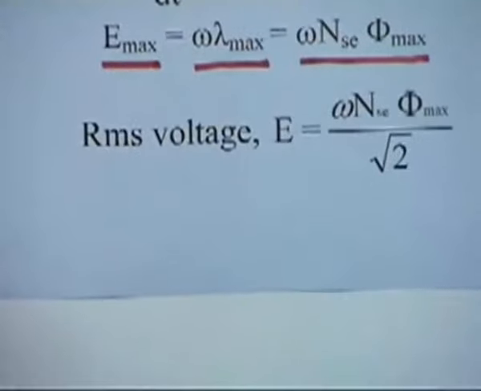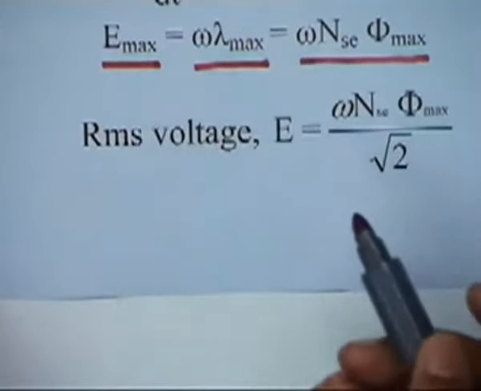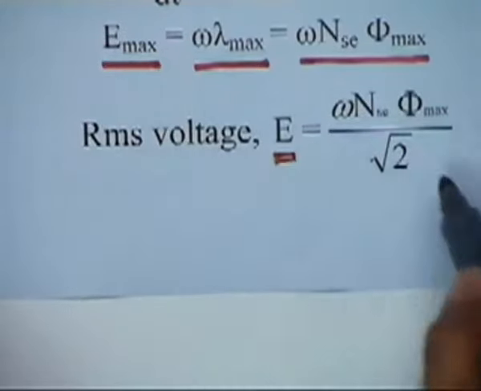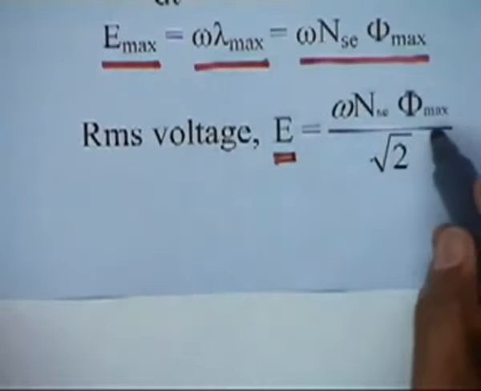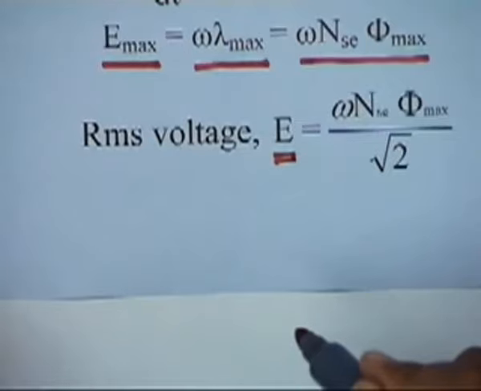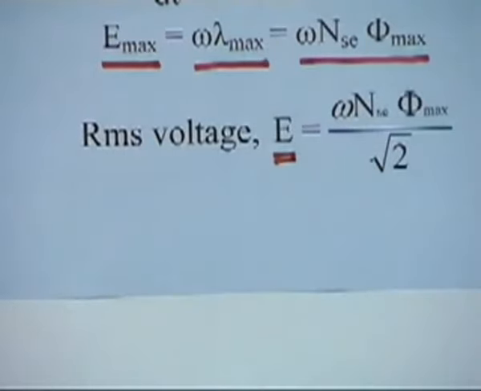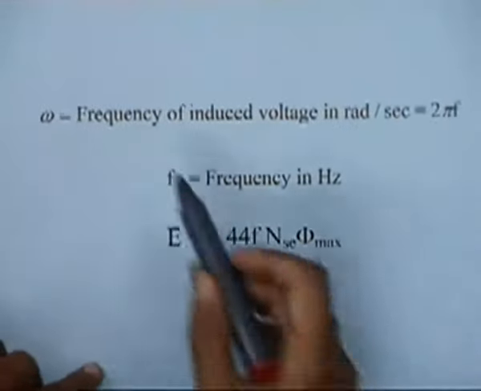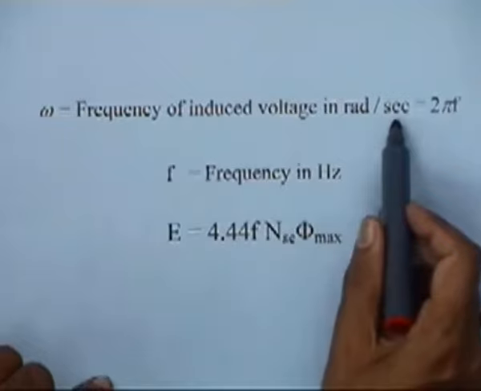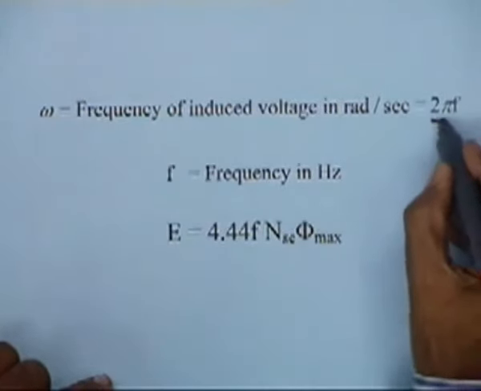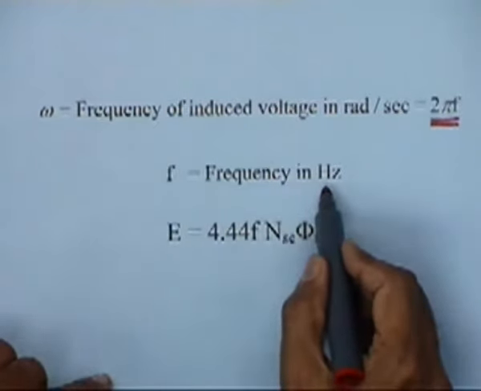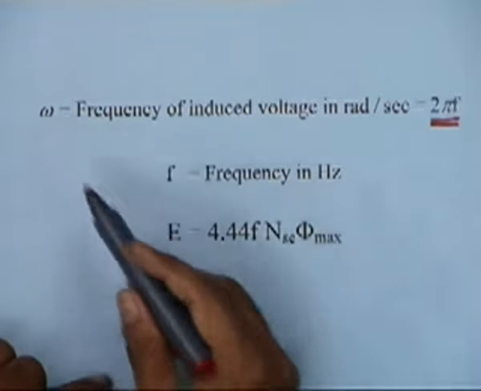Now if this is the maximum value, we know in an AC sinusoidal voltage, the RMS value is given by the maximum value divided by root 2, that is omega NSE phi max divided by root 2, where omega is the frequency of induced voltage in radians per second, which is given by 2 pi into f, whereas f is the frequency of generated voltage in hertz, given by omega by 2 pi.